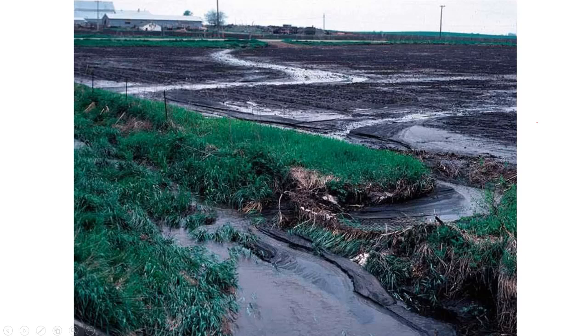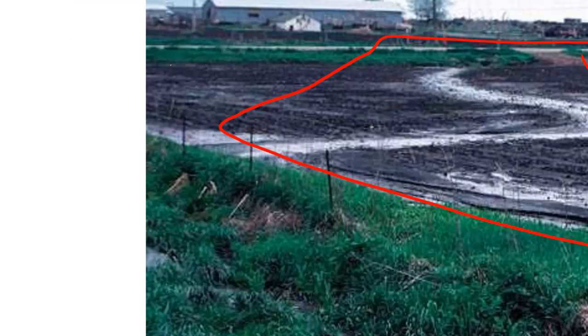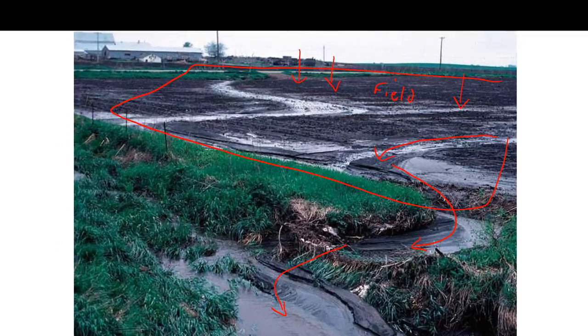So this is a major cause of water pollution. What we can see here is a field. Now, what's happened is there's been lots and lots of rain, and the water has run off along this way and into a waterway. Now, say for example in this field there was a lot of artificial fertilizer being used.